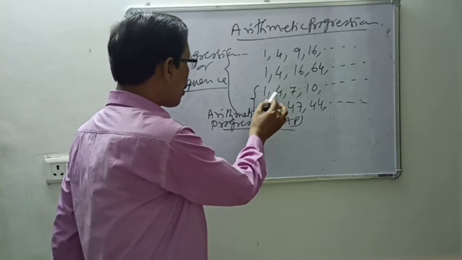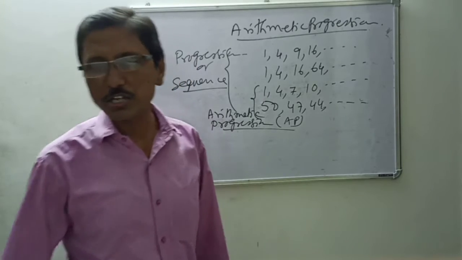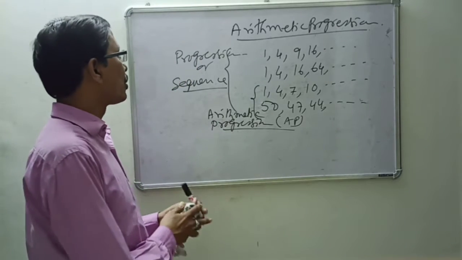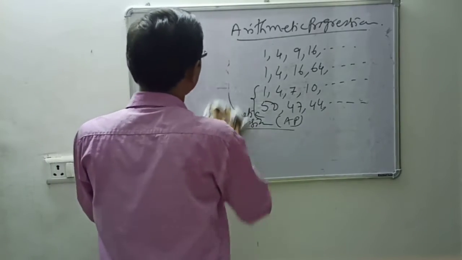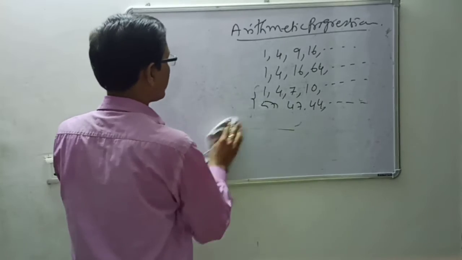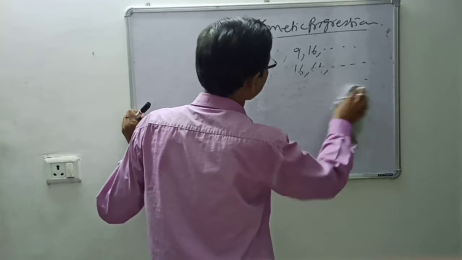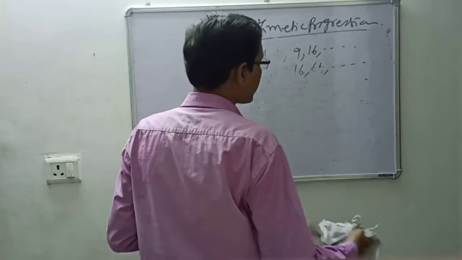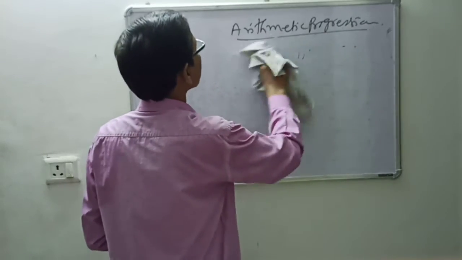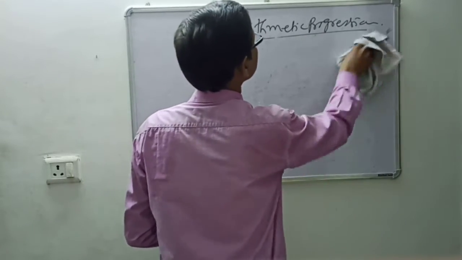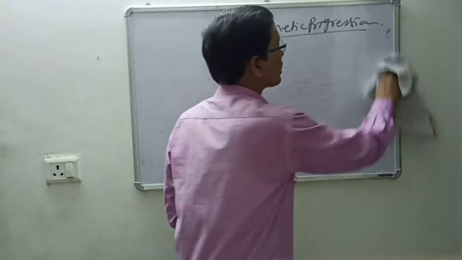The difference of two consecutive terms remains constant, remains the same, then it is called the arithmetic progression, or AP. So AP, arithmetic progression, means the difference between two consecutive terms remains constant.